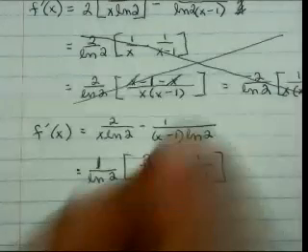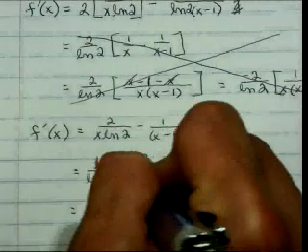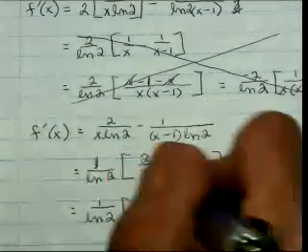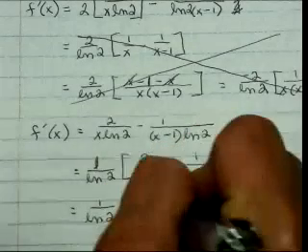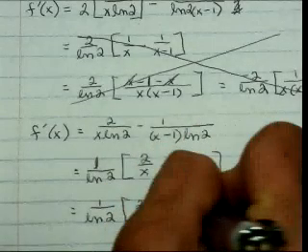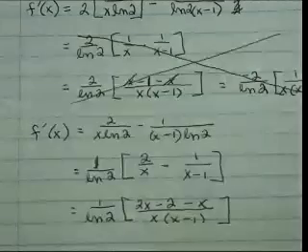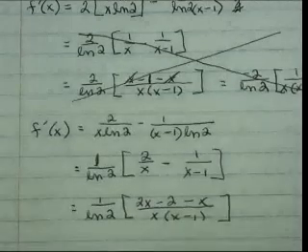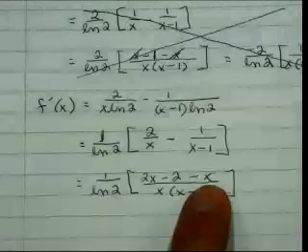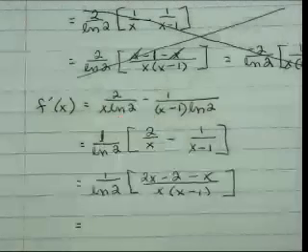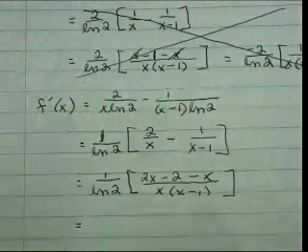That will be 2x minus 2 minus x over the LCD. And then 2x minus x is just 1x, and so that numerator is x minus 2.